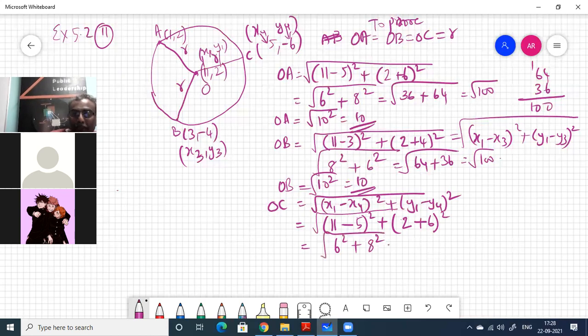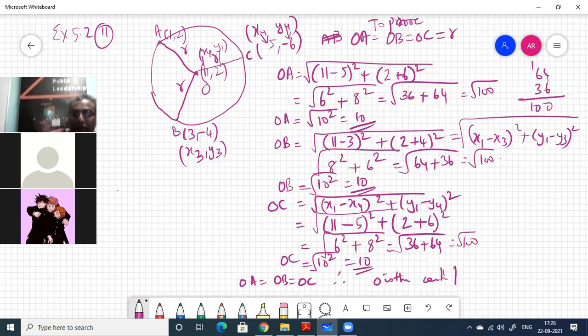So again it is coming 36 plus 64. Again it is coming root of 100. So root of 10 squared, that is 10. So OA is equal to OB is equal to OC. Therefore O is the center of the circle, and A, B, C are on the circumference. Very simple, 11 sum.